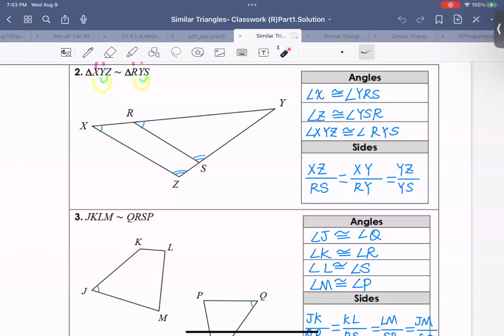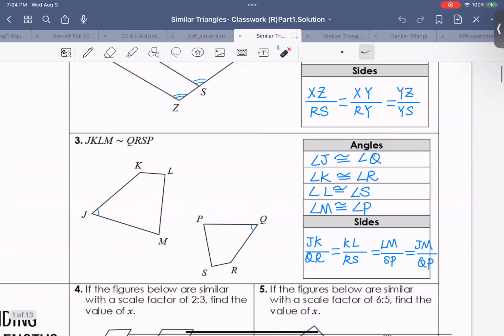At the same time, you will write down the corresponding parts ratio: XZ divided by RS equals XY divided by RY equals YZ divided by YS. So you will have these three side ratios equal. If you show that these two triangles are similar, you will be able to write down all these conclusions.